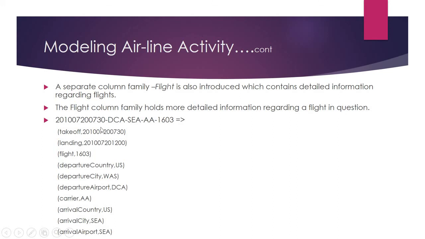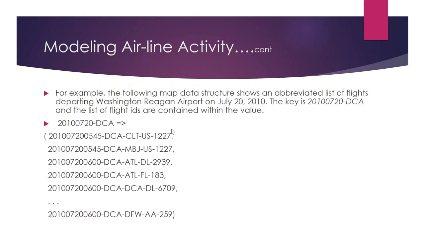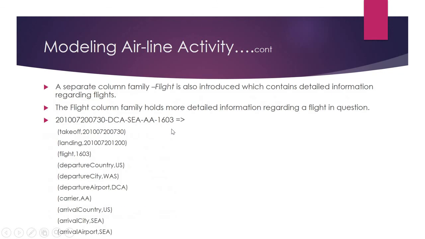For example, if we use this key and search for flight 1603, which we got from the result here, it has all the details like takeoff time, landing time, flight number, departure country, city, airport, the carrier it's flying with, and the arrival country, city and airport. So the flight column family holds more details.